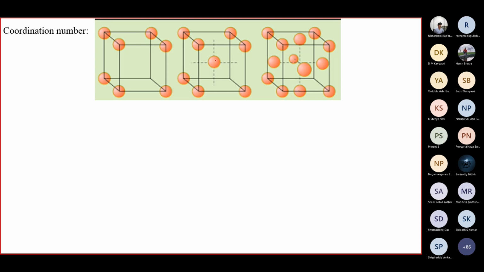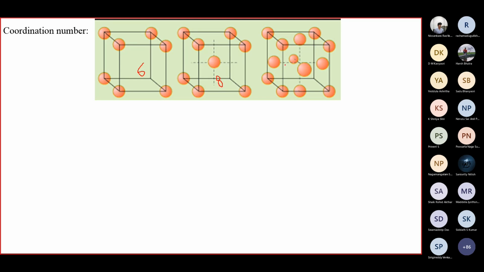This is at the center of the cube. So the atoms at all the 8 corners are equally spaced from this center. So its coordination number is 8. The coordination number for simple cubic is 6.